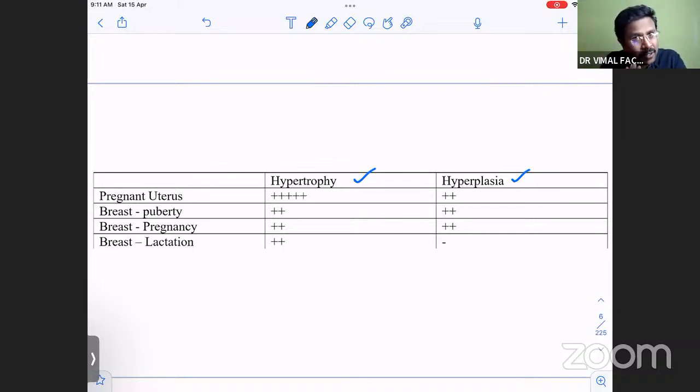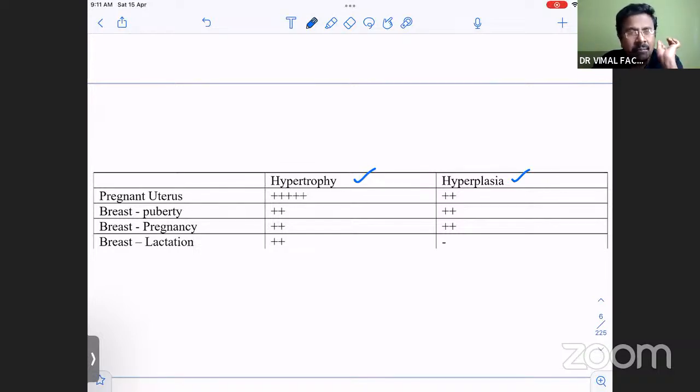That means both occur, but hypertrophy is the predominant one compared to hyperplasia. So if asked which of the following is seen in the pregnant uterus, you have to choose hypertrophy. Then the breast during puberty and pregnancy undergoes both hypertrophy as well as hyperplasia.